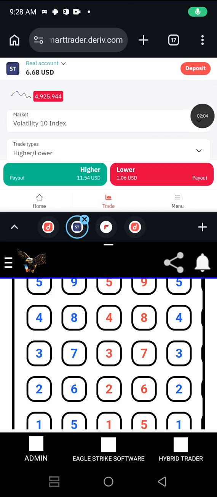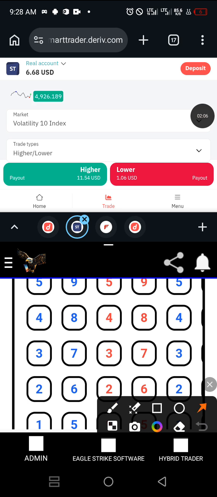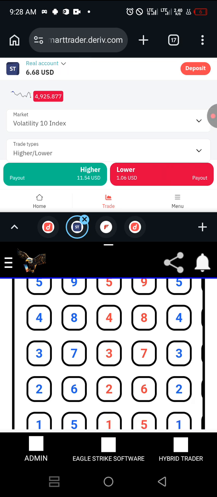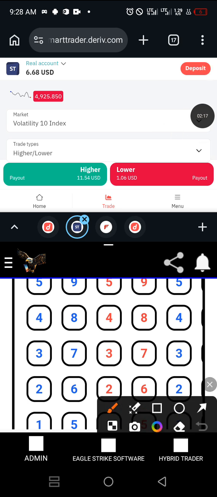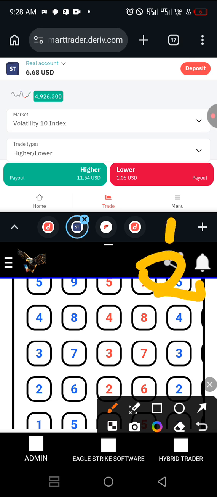Things like, for example, if I want to purchase lower, you have to ensure that the trend is up, okay? And if the trend is up, majorly the digit I want to target is digit 9 or digit 0 as 10. Don't forget that.